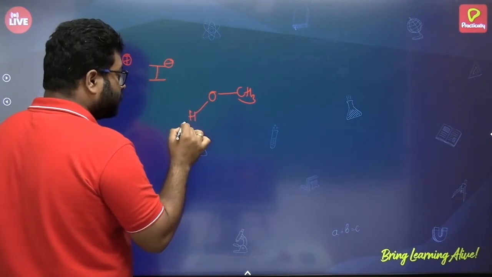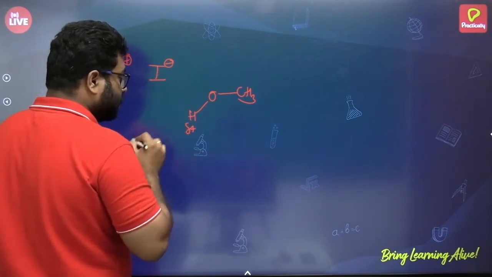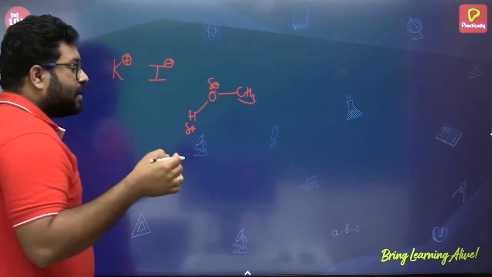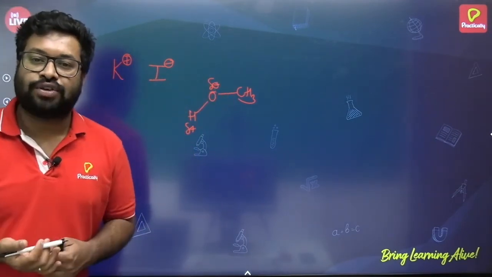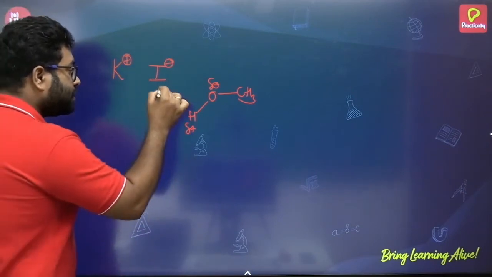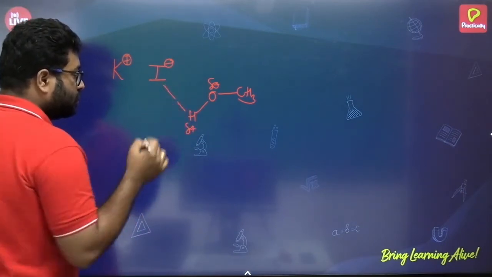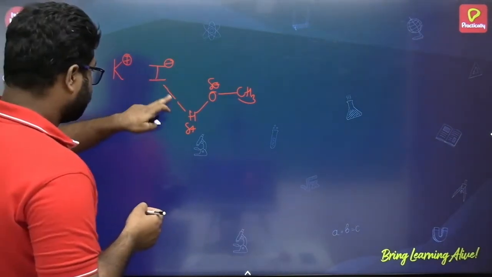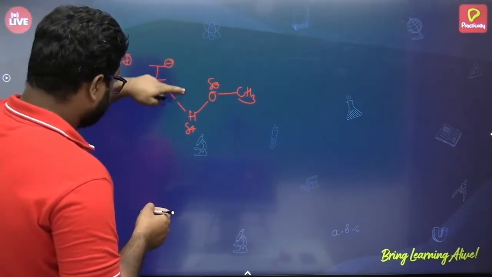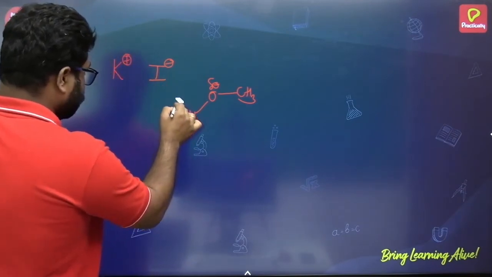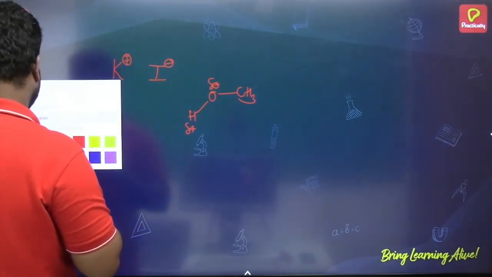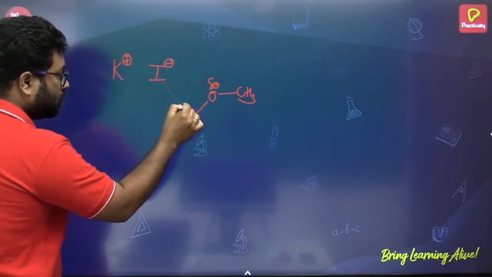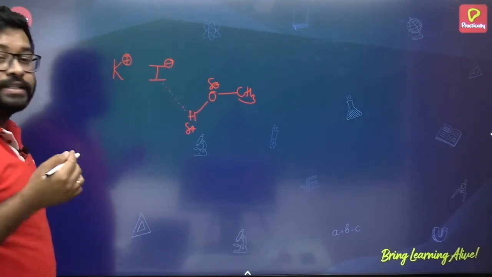We know that hydrogen has a delta plus here, right? Oxygen has a delta minus here. So iodine having a negative charge and hydrogen having a positive charge, this will start solvating. See, now this is the solvation.